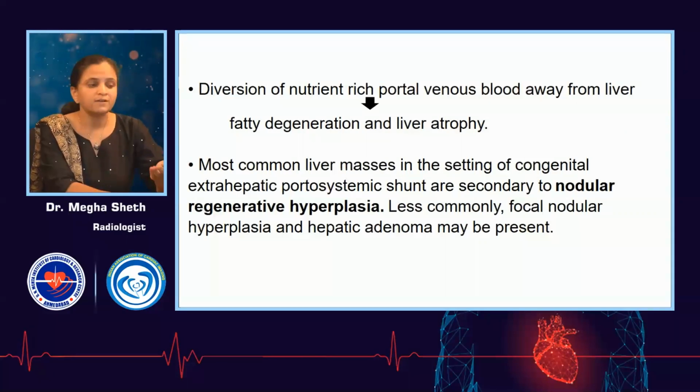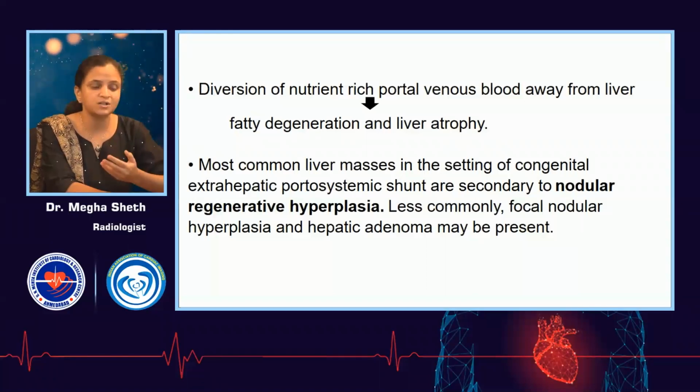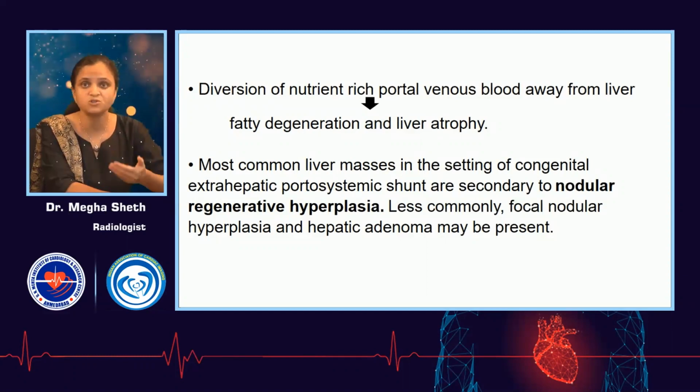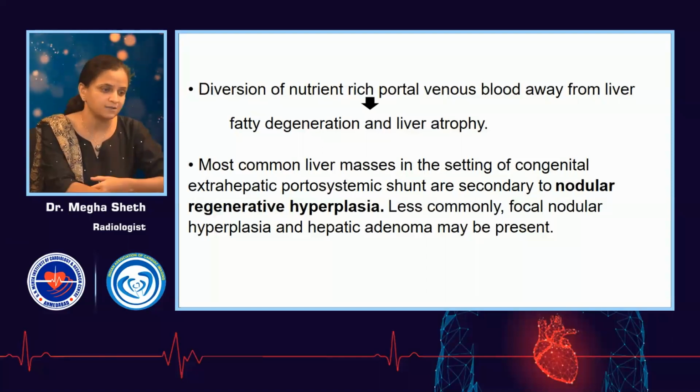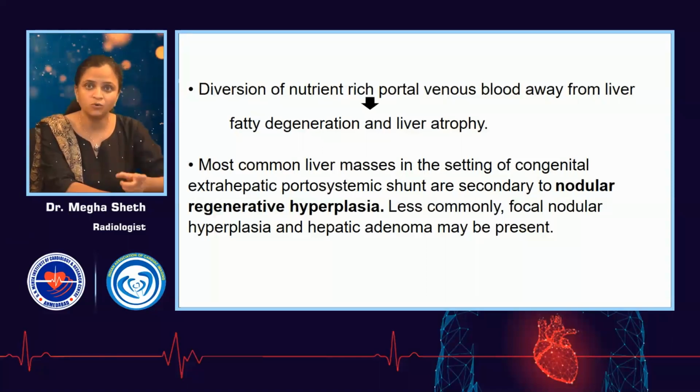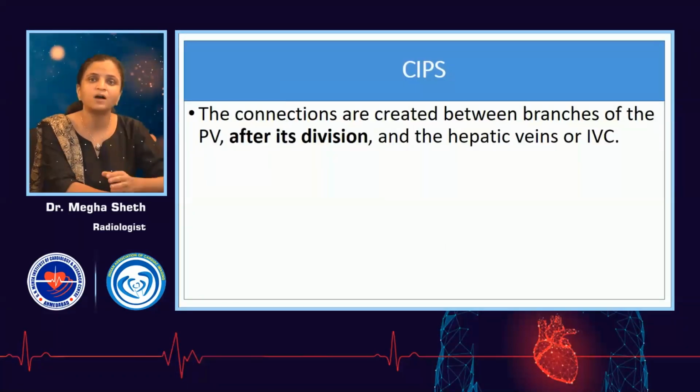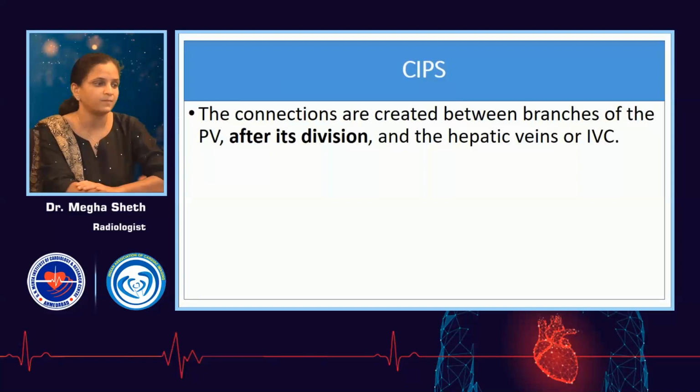So the liver is deprived of nutrient-rich blood, and there is fatty degeneration and liver atrophy. This leads to multiple nodules in the liver, which we often see coexisting in patients with congenital portosystemic shunts. Most of these are nodular degenerative hyperplastic lesions. Less commonly, it can be focal nodular hyperplasia or hepatic adenoma, or very rarely a carcinoma.